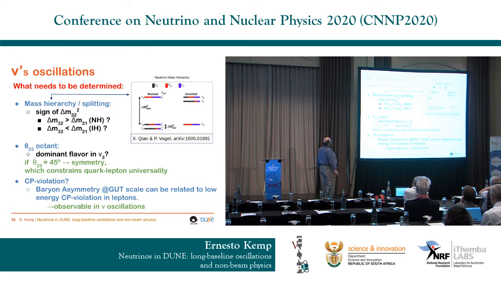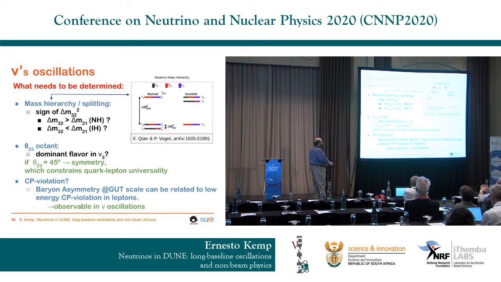Another important question is in what octant we have the mixing between the 2 and 3 mass eigenstates, because the value is quite close to 45 degrees, but we don't know the octant. The octant is embedded in the Cabibbo-Kobayashi-Maskawa matrix and the PMNS.